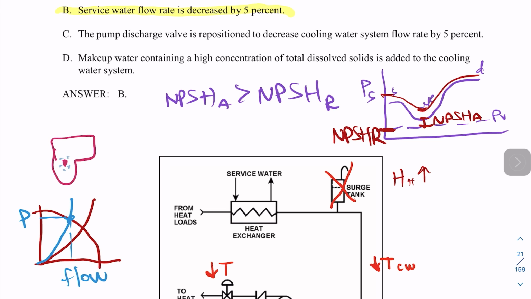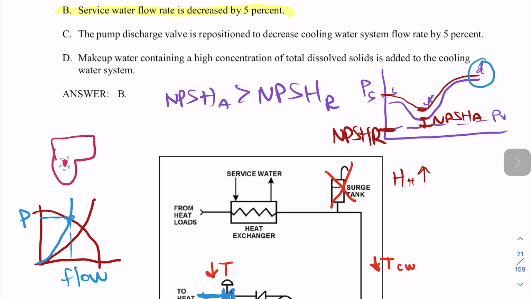If we throttle the pump discharge, and we are talking about the discharge in this case, we need to be sure that we know what this is about. So when we throttle down the pump discharge valve, and this is talking about the valve, not the pump, that's going to increase the net positive suction head available, right?